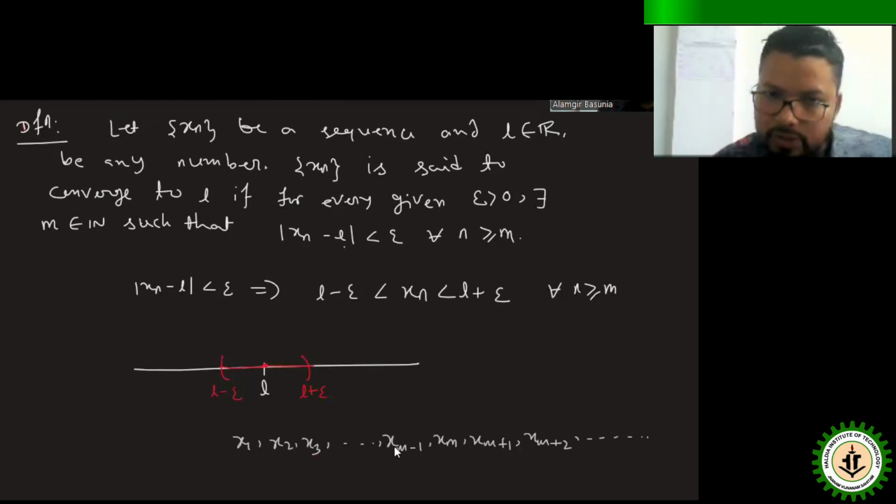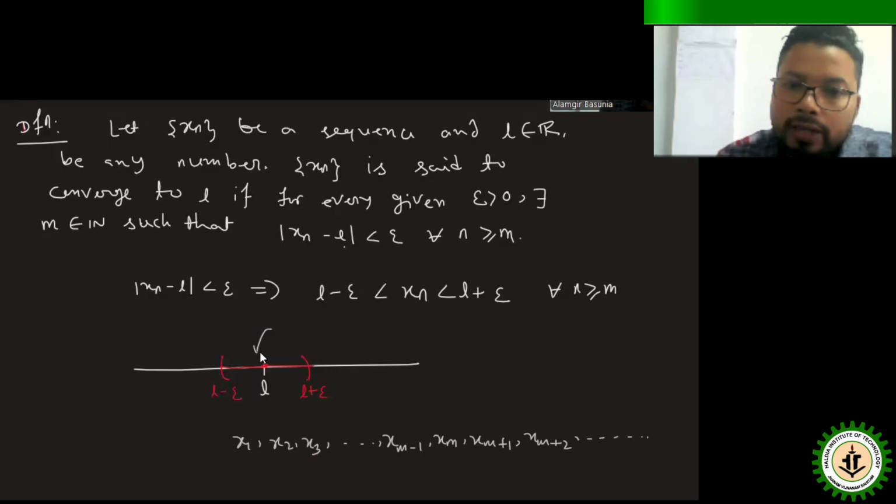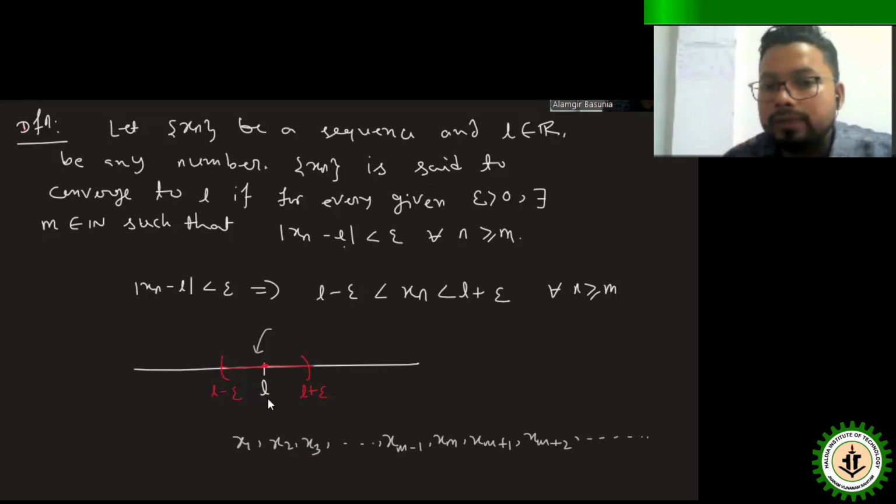This is our x_n sequence. Now, this definition basically tells us that all the terms, including the Mth term, and then after the Mth term, M+1, M+2, M+3, M+4, all other terms will belong to that interval, L minus epsilon to L plus epsilon.